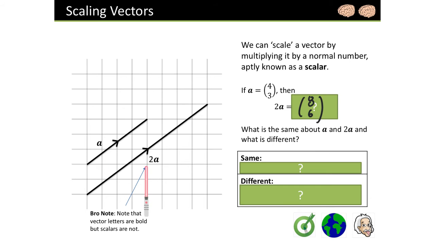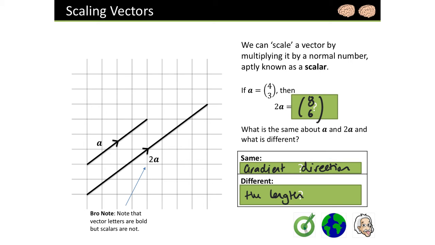For every whatever we go across, we go up this. Magnitude? Gradient. They have the same gradient. They are parallel. Yeah? Okay? Brilliant. What's different about them? The length, absolutely. Okay, so what's the same? The gradient and obviously the direction. And what's different? The length.